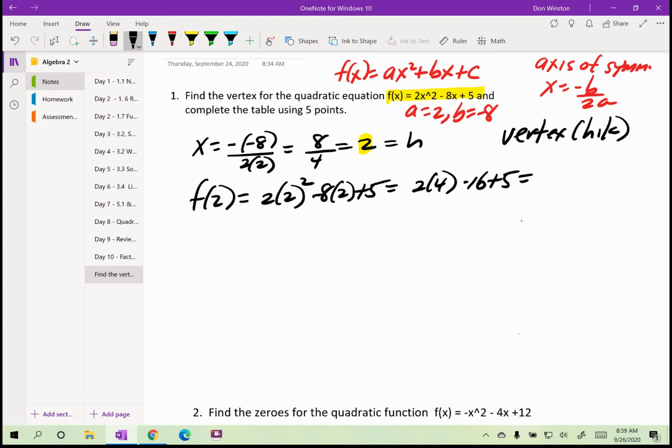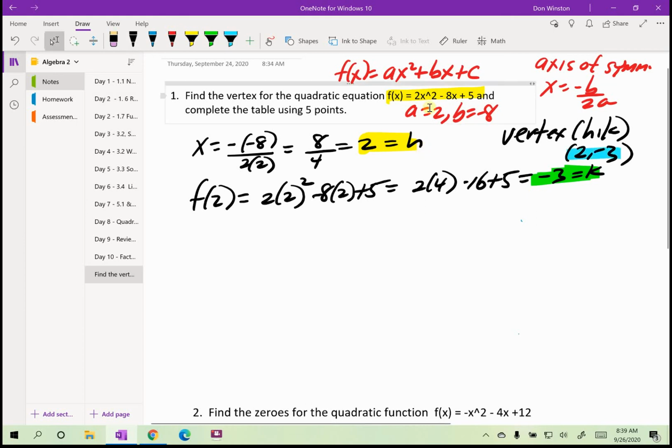And then 8 minus 16 is negative 8. Negative 8 plus 5 gives me negative 3. So there is my k value. All right, so I have my h value and I have my k value. So my vertex is (2, -3). So that's where we start when we graph or complete our table.